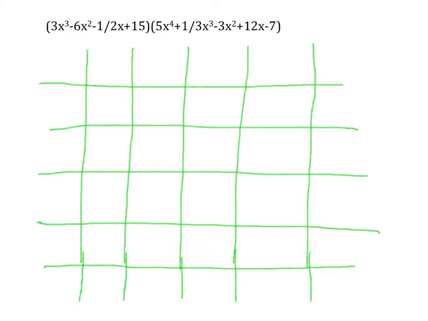The next step is to write both of the expressions either on the horizontal or the vertical part of the grid. So we'll start off with 3x to the third minus 6x squared minus 1/2 x plus 15.